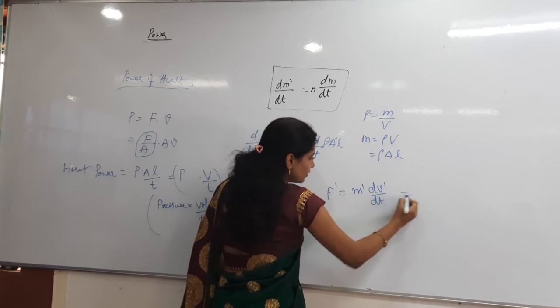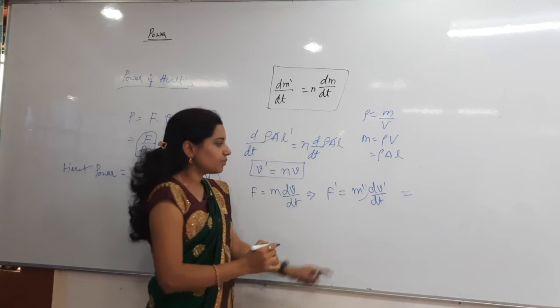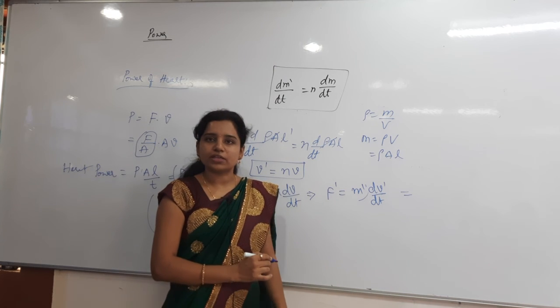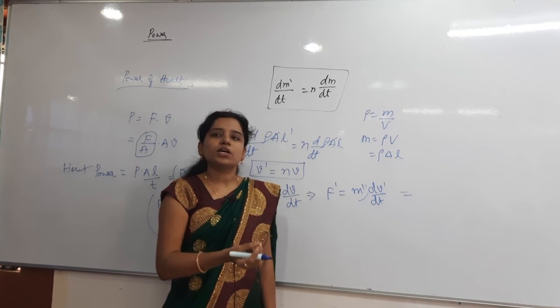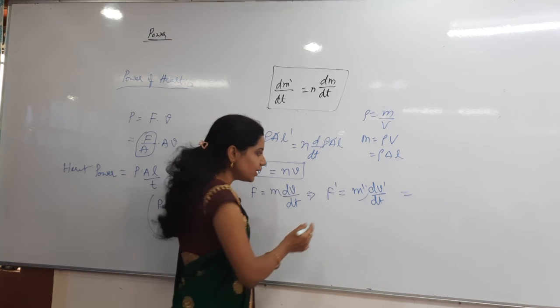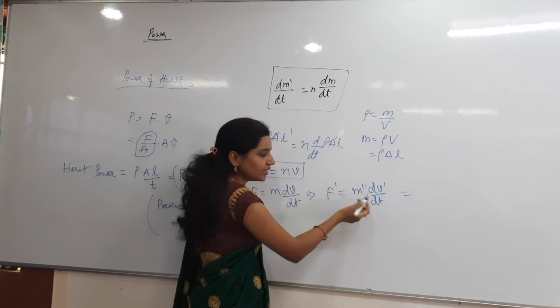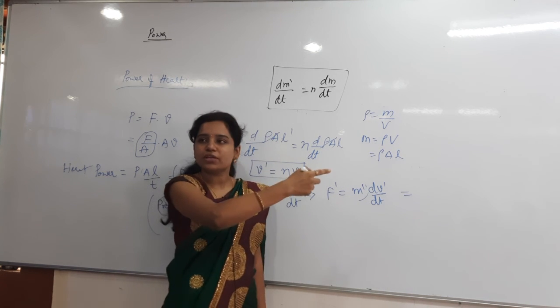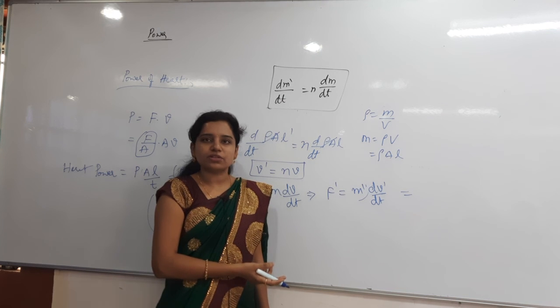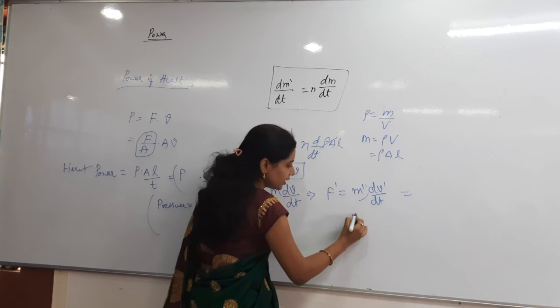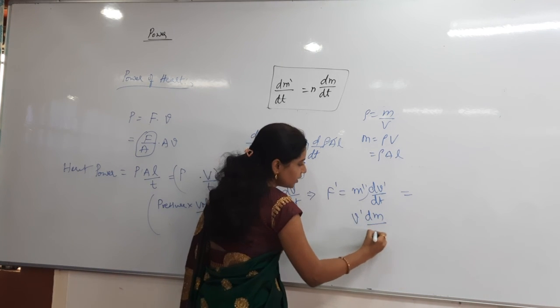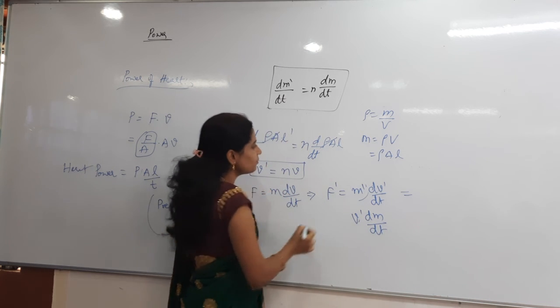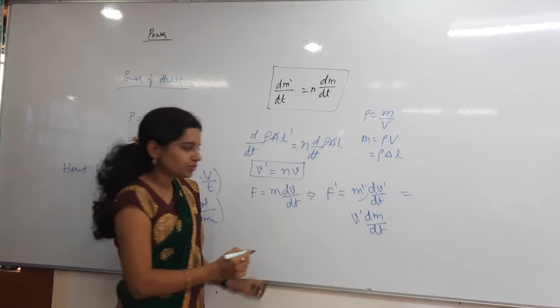That is equal to, in the place of m dash what can you write? If it is moving with a constant velocity, at that time instead of m into dv by dt what can I write? V into dm by dt. Variable mass only, no? So what can I write here clearly? V dash into dm dash by dt. V dash is nothing but how many times of v? N times of v.